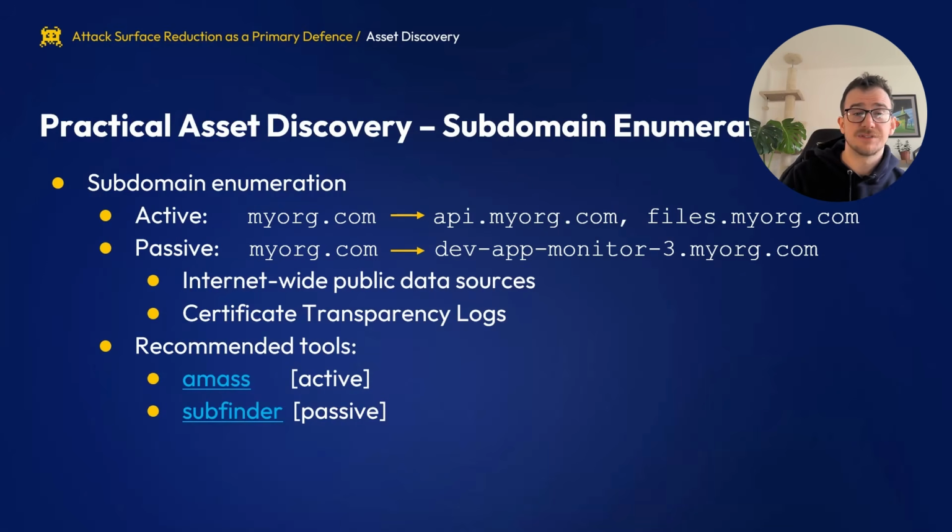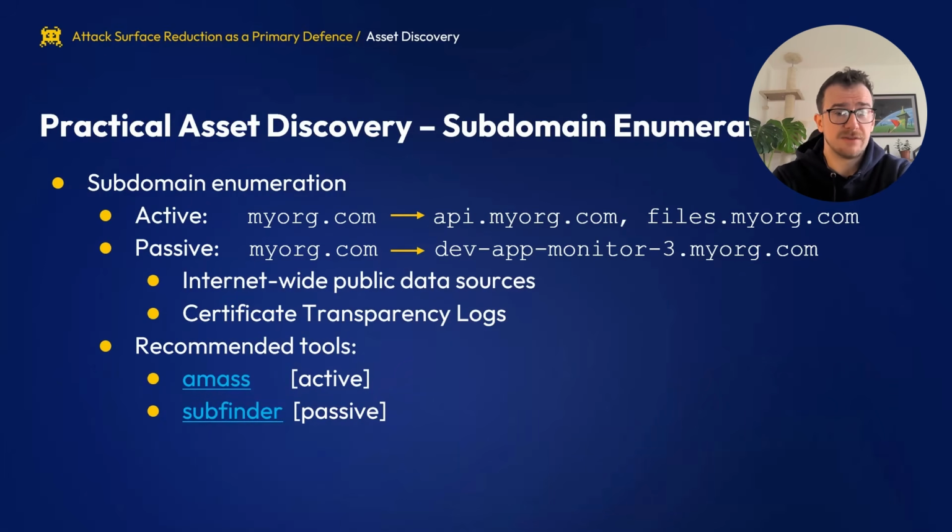And a key passive resource that most passive subdomain enumeration tools will leverage are the certificate transparency logs. The certificate transparency logs is a public ledger of certificates which have been registered with a certificate authority, and that's real time.